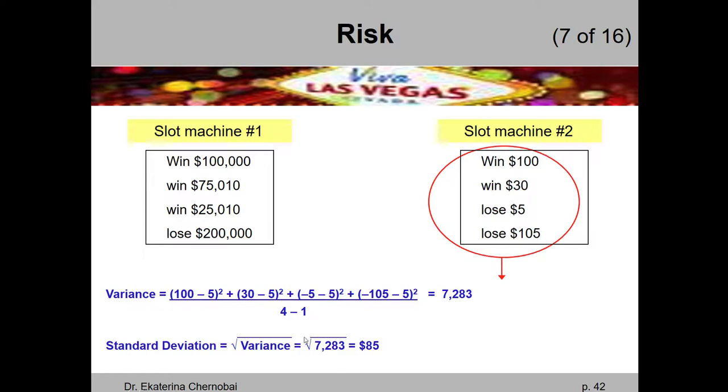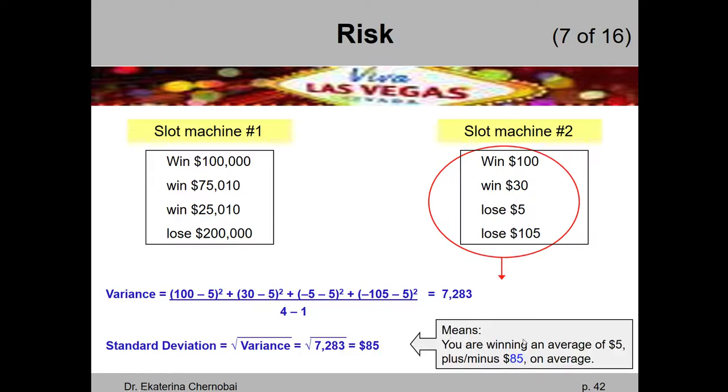The square root of that is the standard deviation, $85, which means we are winning on average $5, but the actual amounts we would be seeing are on average $85 above or below $5. So again, it's the average distance in either direction from the mean. This is how the standard deviation actually calculates the amount of risk.